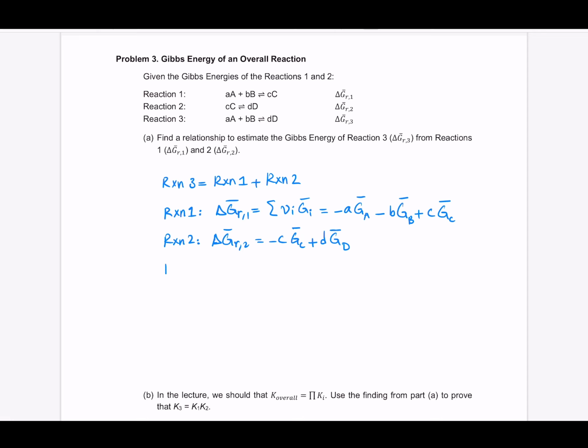And now only looking at reaction 3, we see that delta G of reaction 3 is equal to minus A GA minus B GB plus D GD.